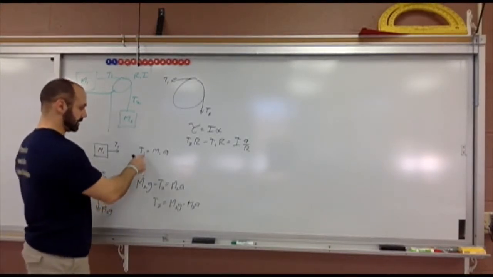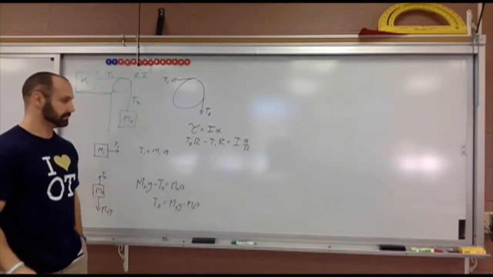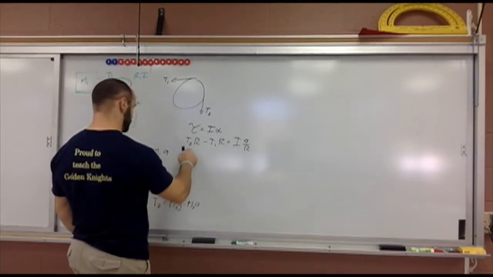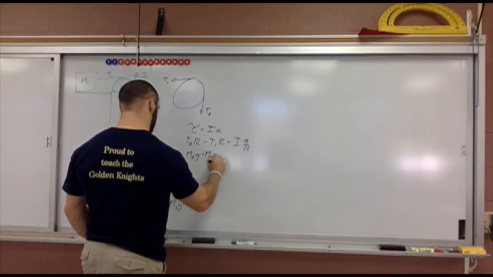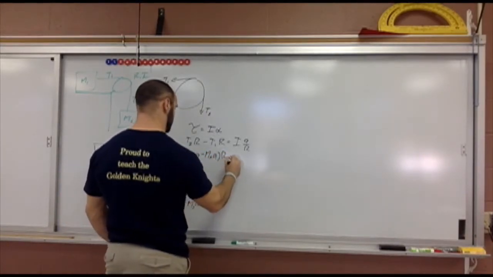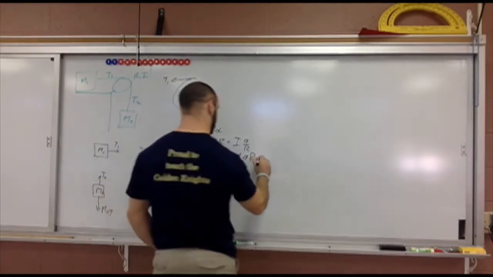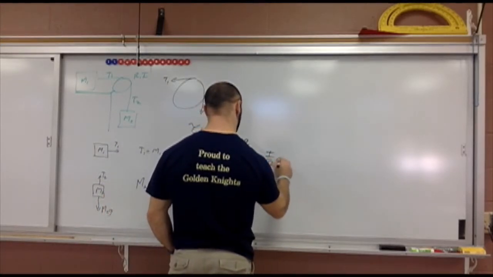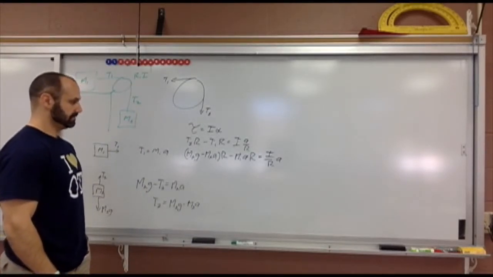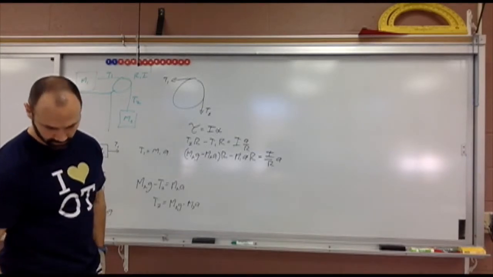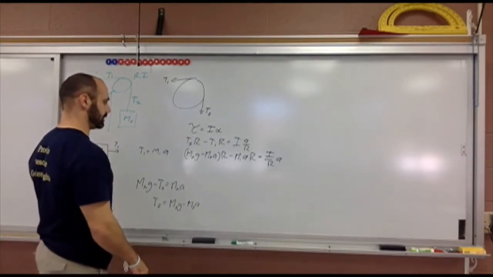So now I'm going to take this and plug it in here, and this and plug it in there, and see what that gets me. So T2 is M2G minus M2A, that times R, minus T1, which is M1A times R, equals I over R times A. Then I can factor out.